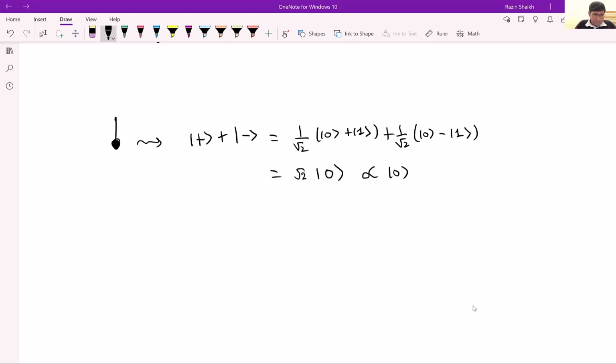And now if I had a spider labeled, let's say, pi or 180 degrees as they write in the textbook, this will correspond to ket plus e to the i pi ket minus, and e to the i pi is minus 1, so this is ket plus minus ket minus.